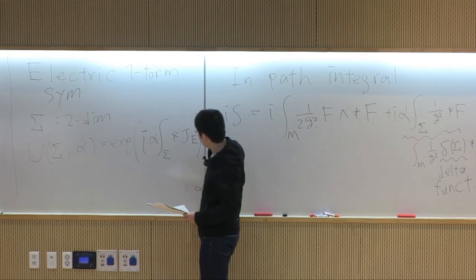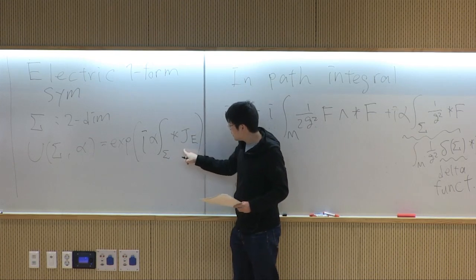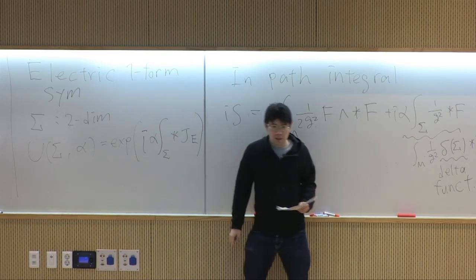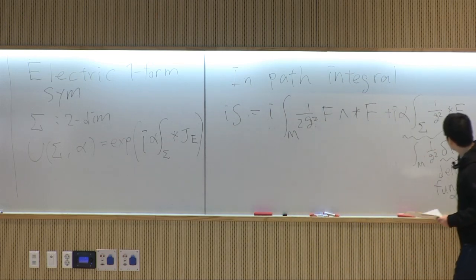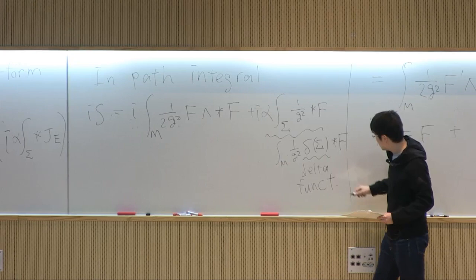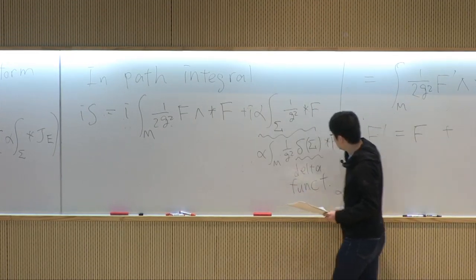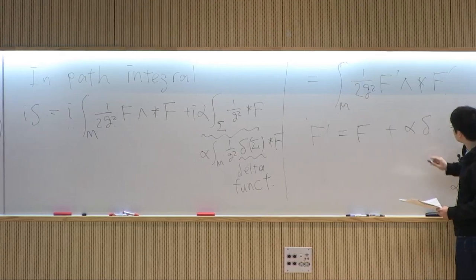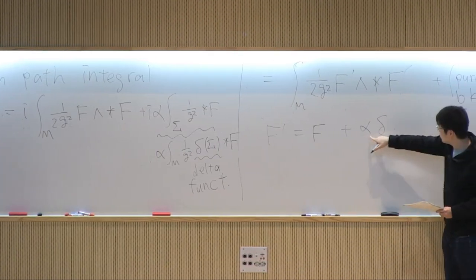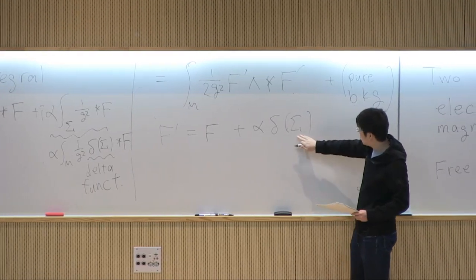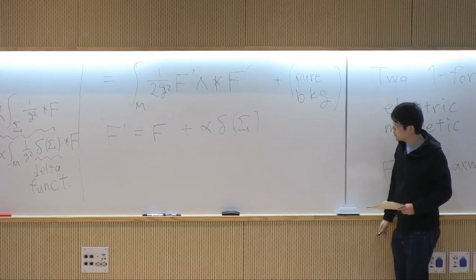So we multiply this charge by some parameter alpha and then take exponential. And the parameter alpha comes here and here. So this f prime is this alpha times the delta function localized on the surface sigma.